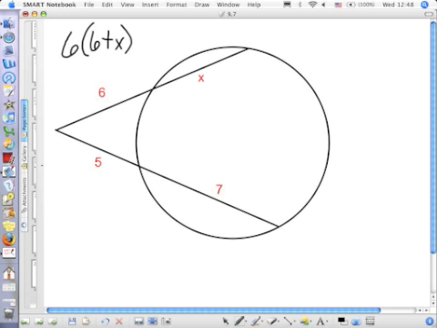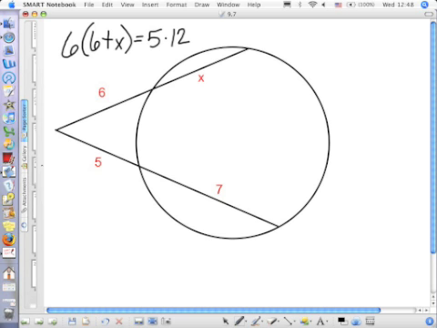The outside times the whole thing. And the whole thing is 6 plus x. And then here we've got the outside 5 times the whole thing, 5 plus 7, which is 12.